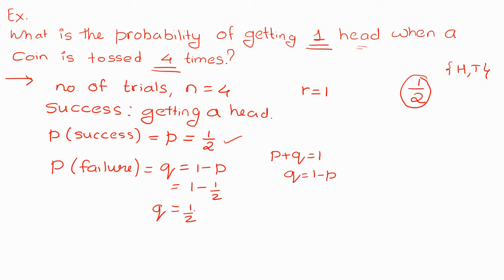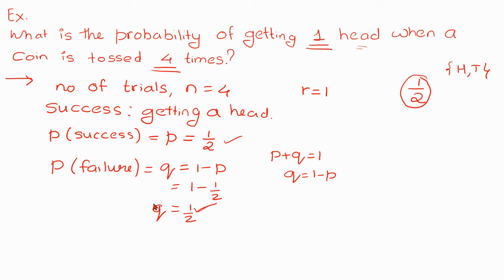You can take this directly, q is equal to half, from this calculation as I showed. Or when things are easy, the probability of failure in this case is not getting a head. Not getting a head means getting a tail. And what is the probability of getting a tail when a coin is tossed once? That is half. Therefore q is equal to half. Assuming it both ways, you will get the correct answer. Okay, p is equal to half, q is equal to half.